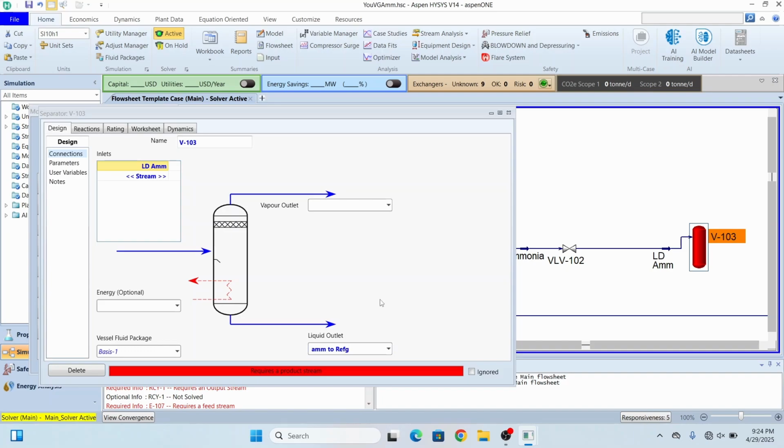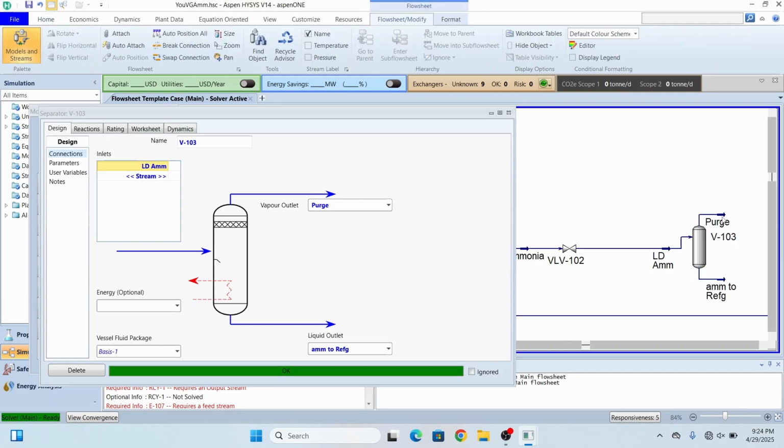The top you can write as waste, or you can also name it purge stream. Purge. So that's good. Now you can see that my simulation has been solved.